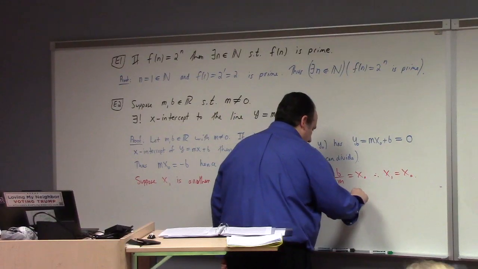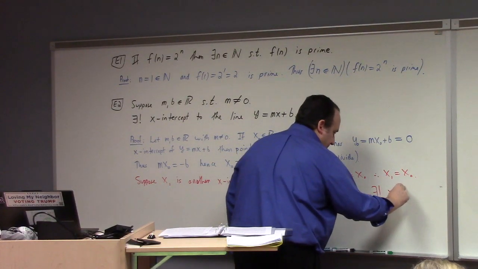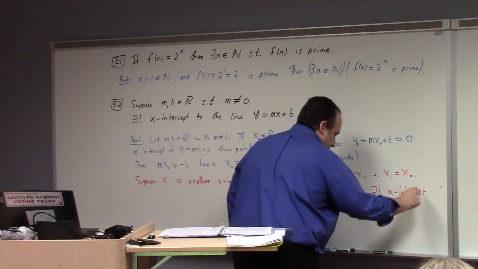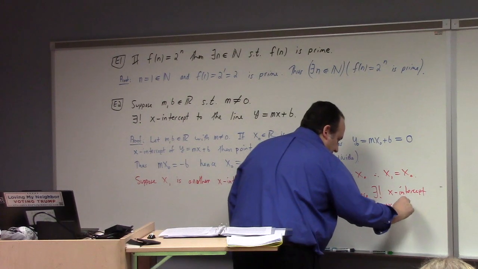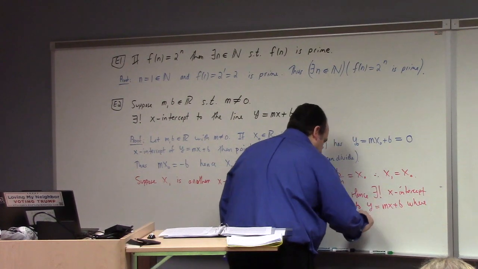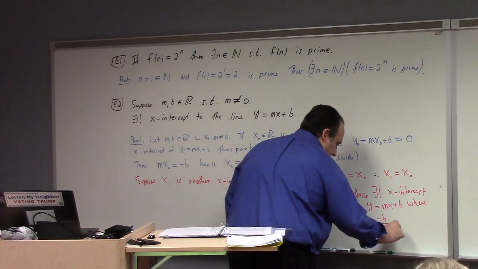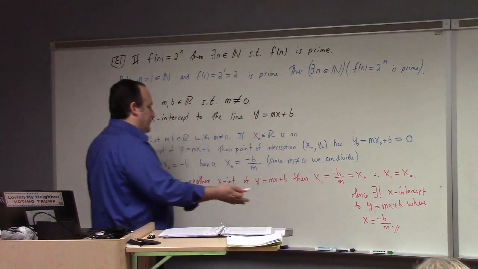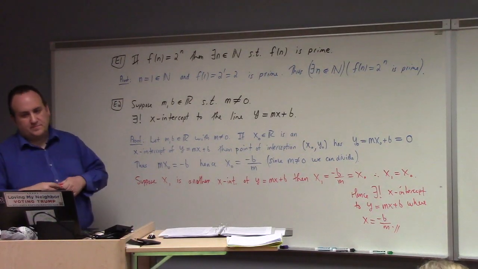Hence, there exists a unique x-intercept to y equals mx plus b, where x is equal to minus b over m as it happens. So completing the thought with what I wrote in red is usually what's expected in a proof course.